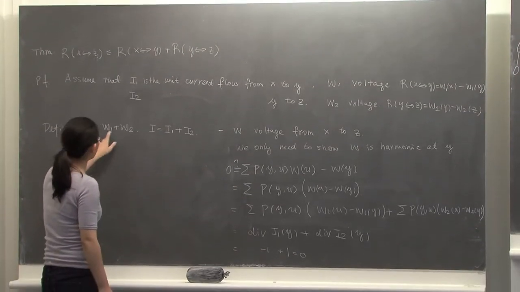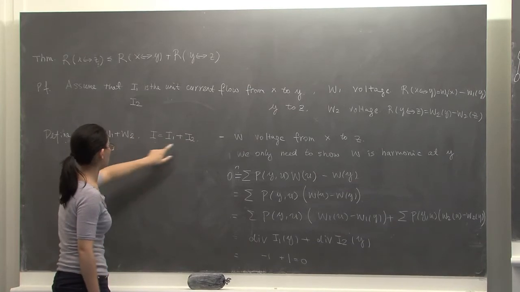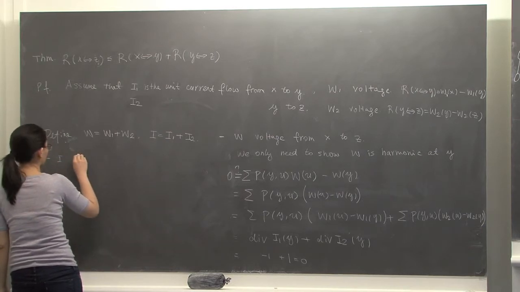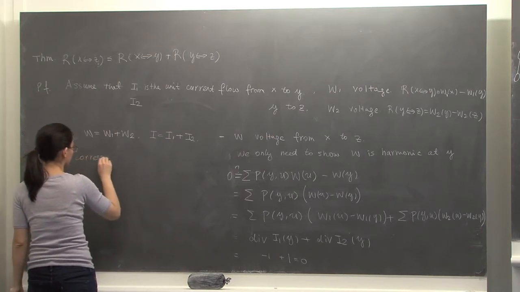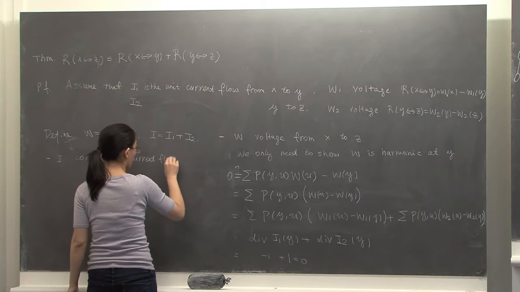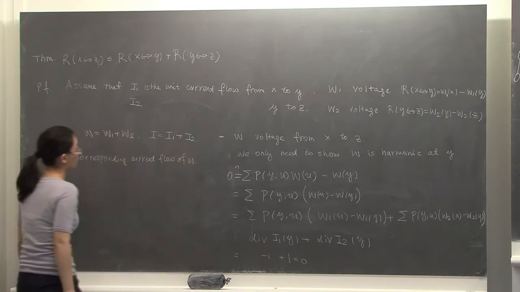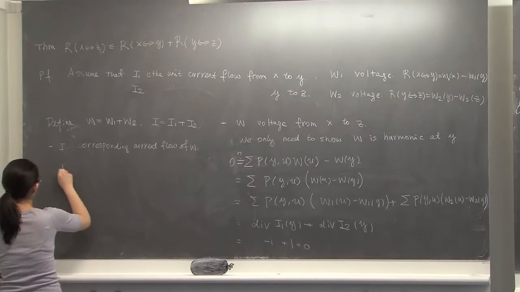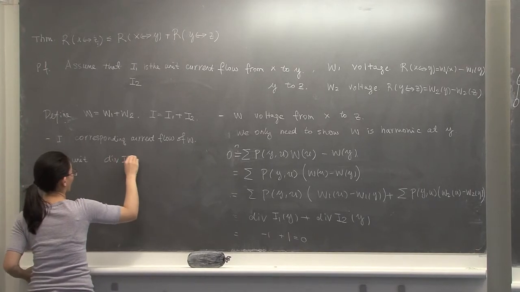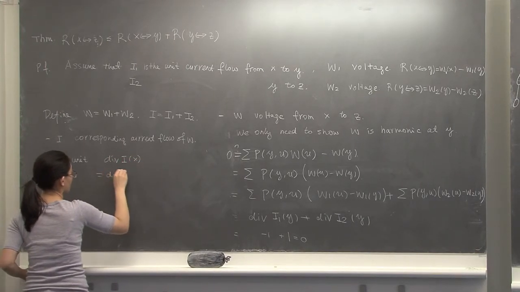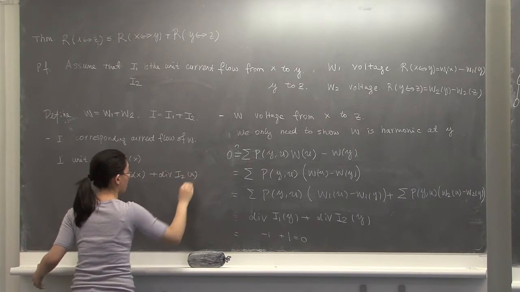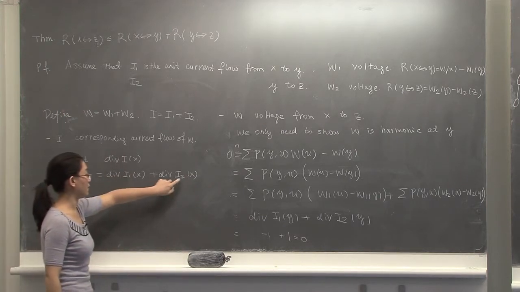And since W1 is the resistance times I1, and W2 is the resistance times I2, of course I is the corresponding current flow for W. And moreover, we see that I is the unit current flow because the divergence of I at x equals the divergence of I1 at x plus the divergence of I2 at x.